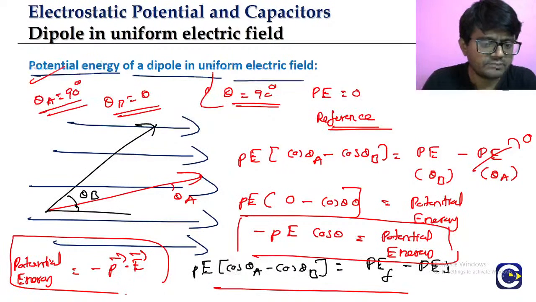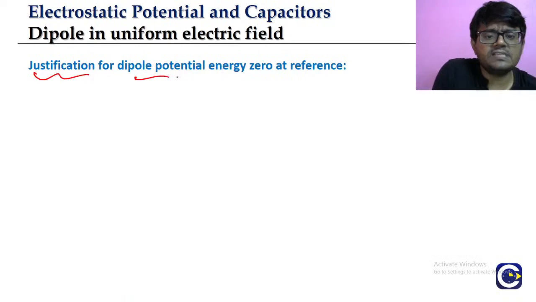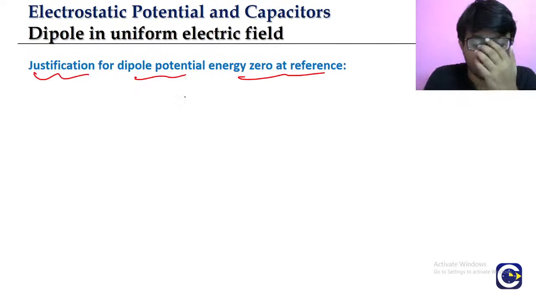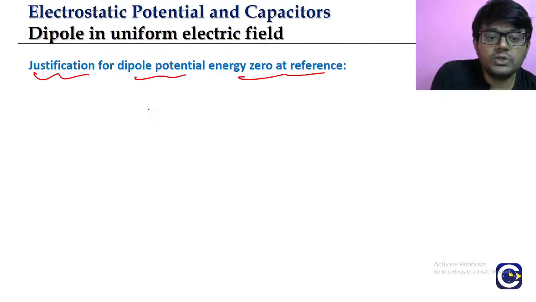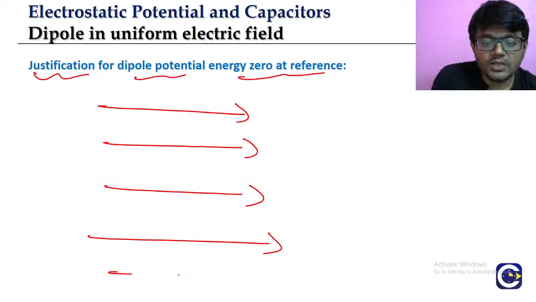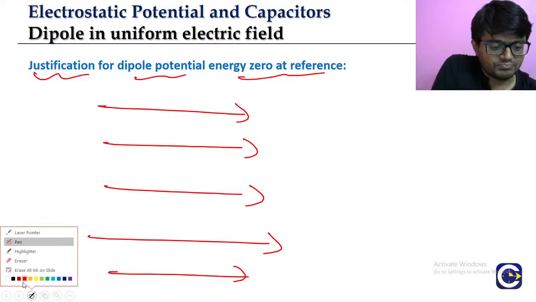Now, how do we justify the potential energy of the dipole being 0 in that 90 arrangement? For a uniform electric field, you must have an identical charge arrangement.